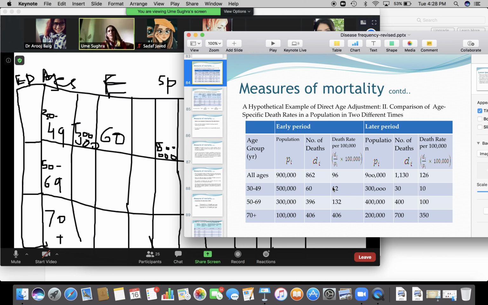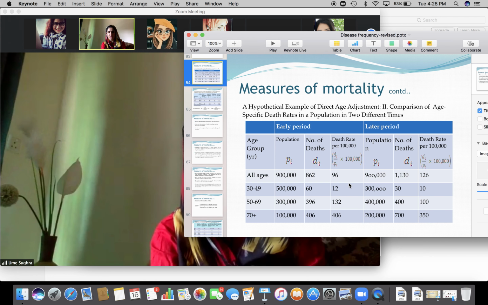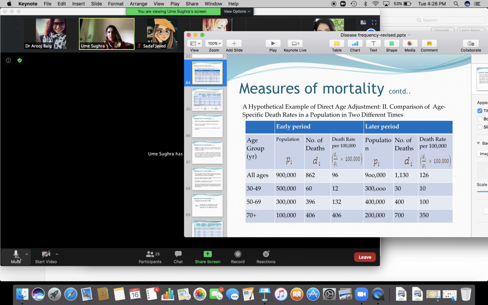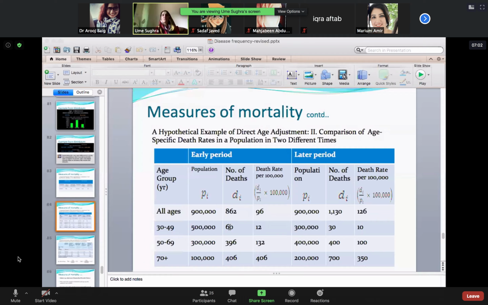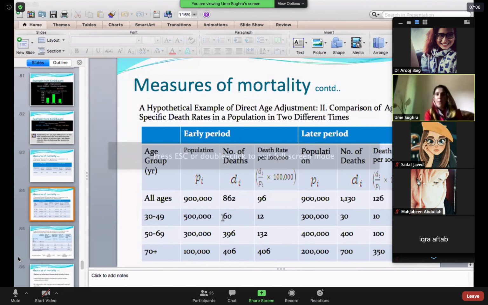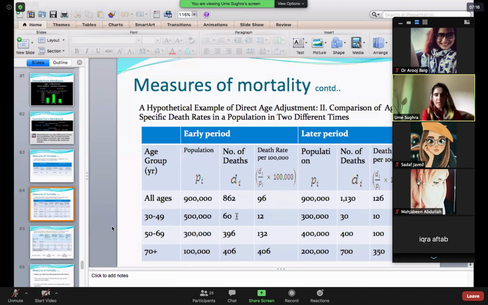No, okay, I'm asking you about observed. Let me just go back to the presentation so that I can see what is written over there. Yes, so there 12 was the death rate, but the number of deaths here is 60. Okay, over here, can you all see here?